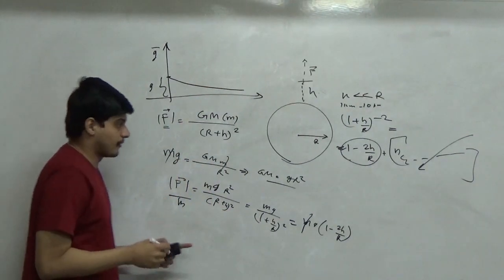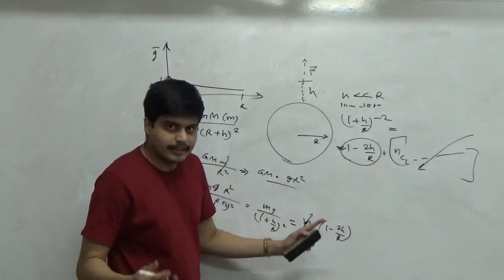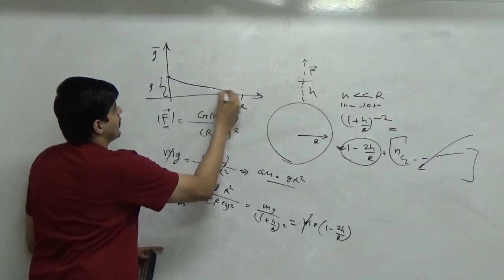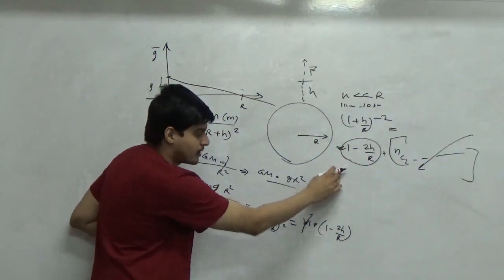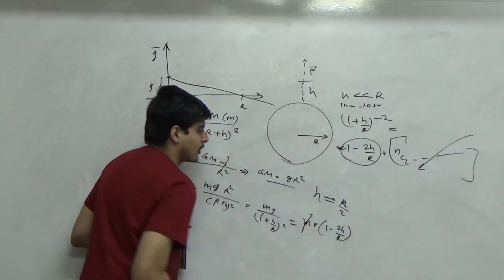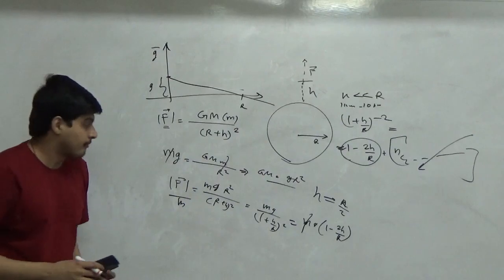Imagine h tends to r. I cannot plot it here because this assumption falls apart, but hypothetically imagine h becomes r, then this becomes negative. So it has to break down from here. This also tells me that this approximation is valid up till h equal to r by 2. Beyond that I anyway cannot use it. So this is approximately the plot.